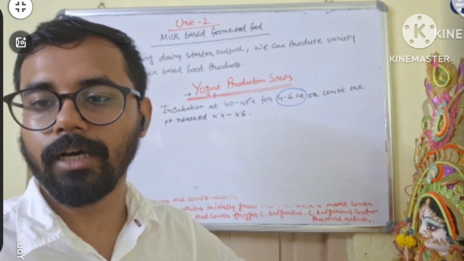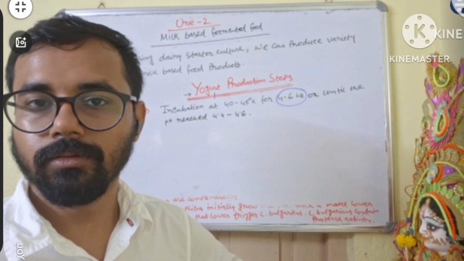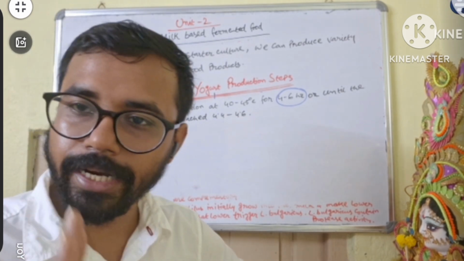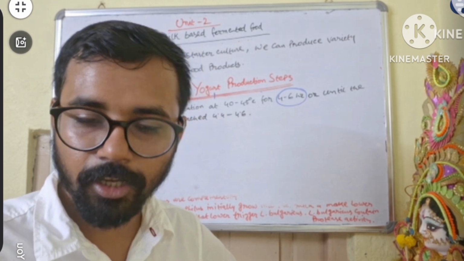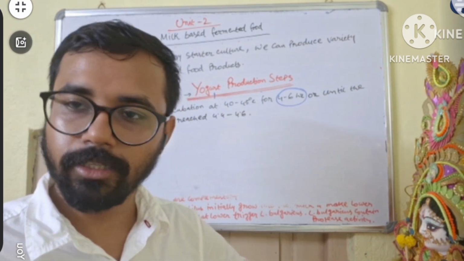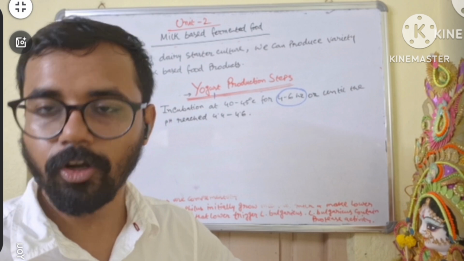We need optimal sourness, optimal acidity. Yes or no? That's why a limited fermentation should be done. Otherwise, over fermentation leads to more acid, and that creates the bad taste, not palatable.